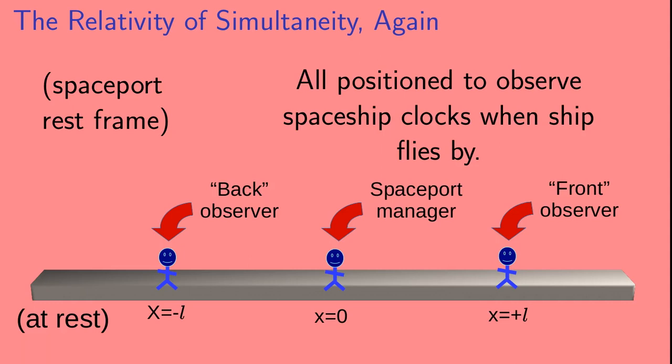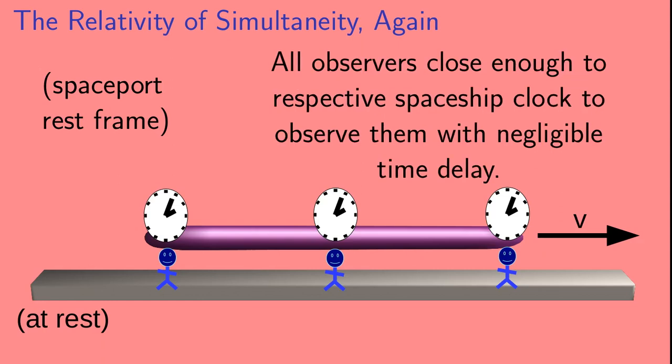The front observer is at x equals plus L, and the back observer is at x equals minus L. The front, middle, and back observers are close enough to their respective spaceship clocks at t equals 0 to observe them with negligible time delay from light going from the clock to their eyes.